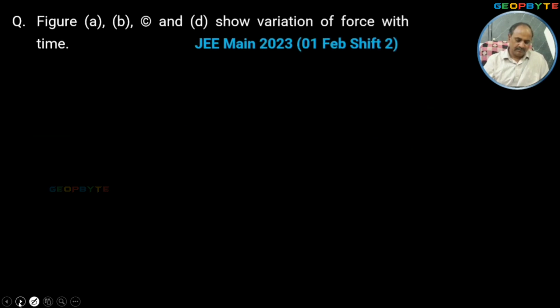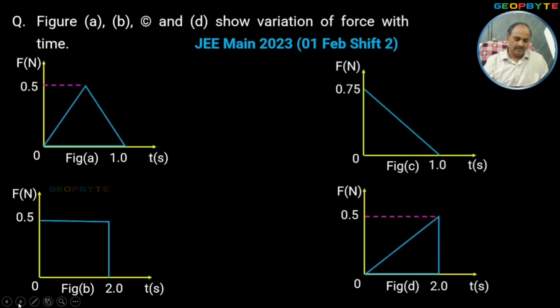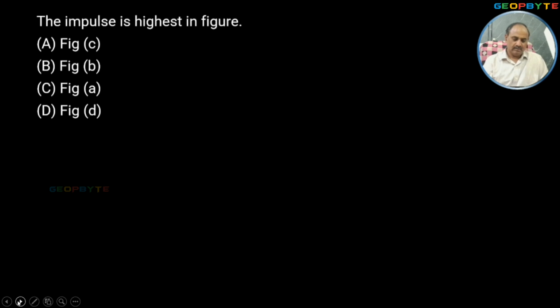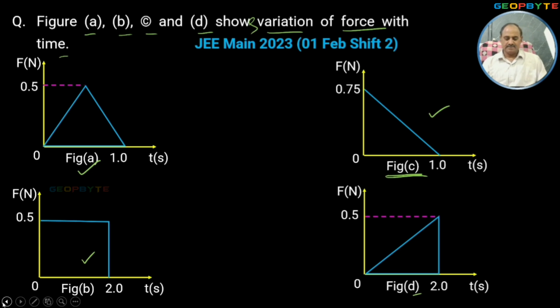Similarly, look at another important problem. Figures A, B, C and D show the variation of force with time. Look at figure A, this is figure B, figure C, and figure D. Then what you are asked to decide is which figure has the highest impulse.